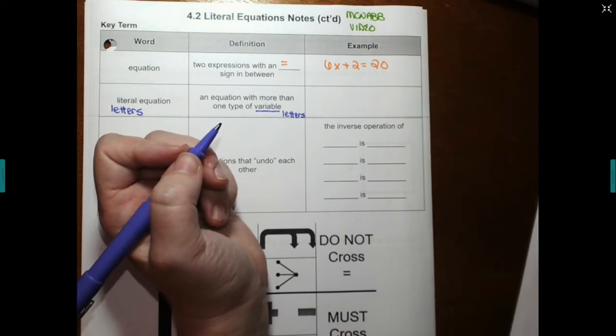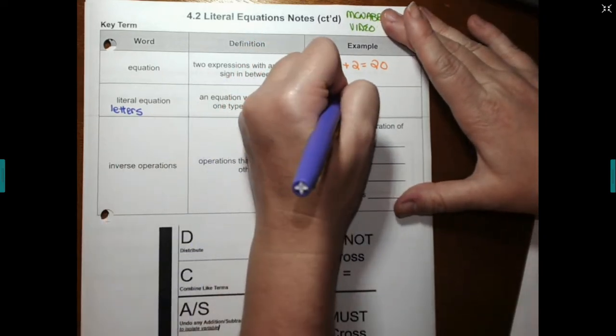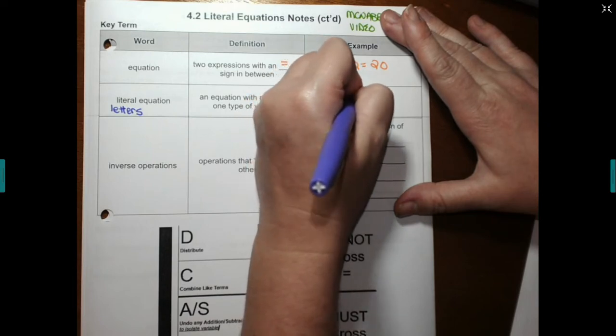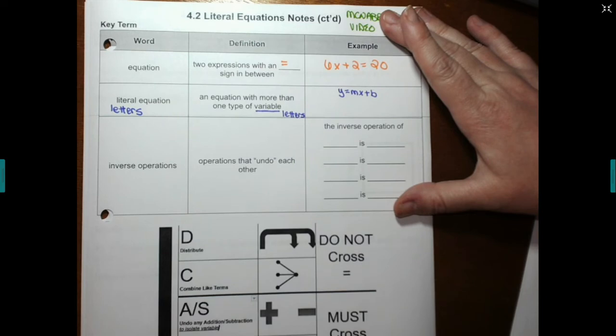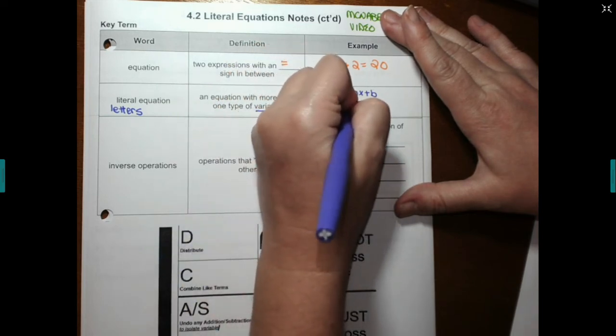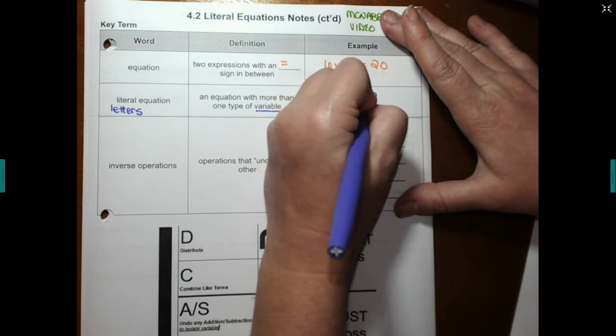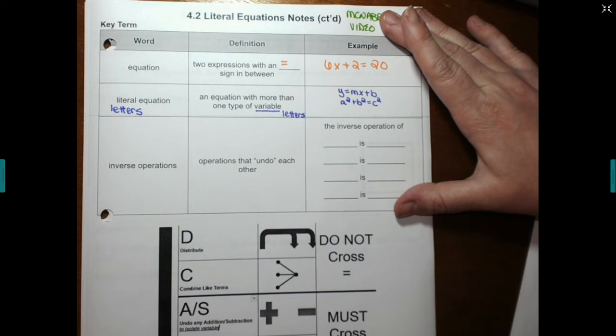Okay, so some examples of some literal equations. You guys have heard some of these. y equals mx plus b. Hint, preview, we will be talking about that one later. a squared plus b squared equals c squared. That's also a literal equation.